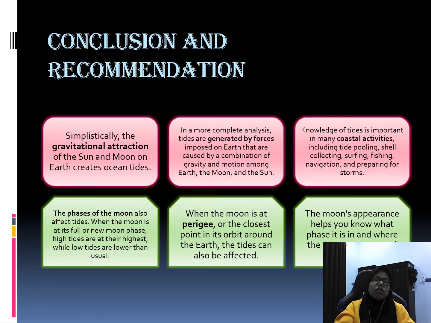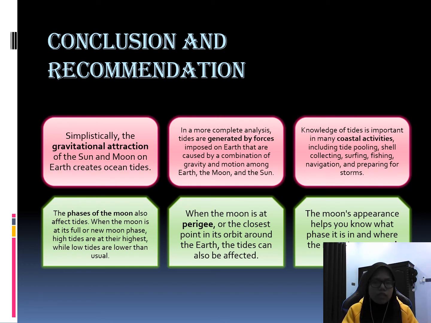Okay, now we are already at the ending of the video. So for the conclusion and recommendation, I divided it into two different topics for our topic for today. So the first one is the conclusion for the tides.